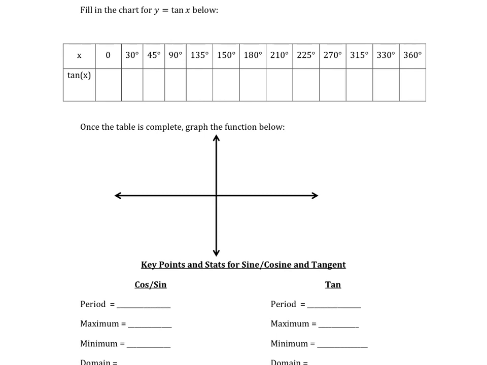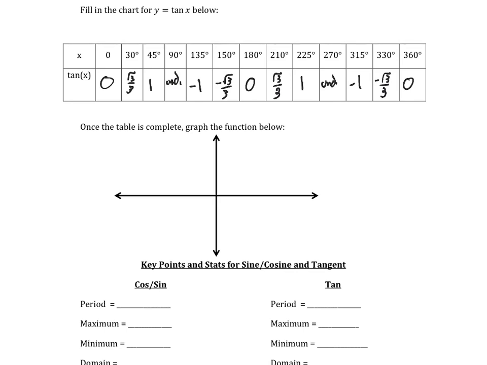So tangent of 0 is 0, 30 is root 3 over 3, 45 is 1, 90 is undefined, 135 we've got negative 1, 150 we've got negative root 3 over 3, 180 we've got 0 again, then positive root 3 over 3, then positive 1, then we're at undefined again, then we're at 315, which gives me negative 1, negative root 3 over 3, and then 0, okay?